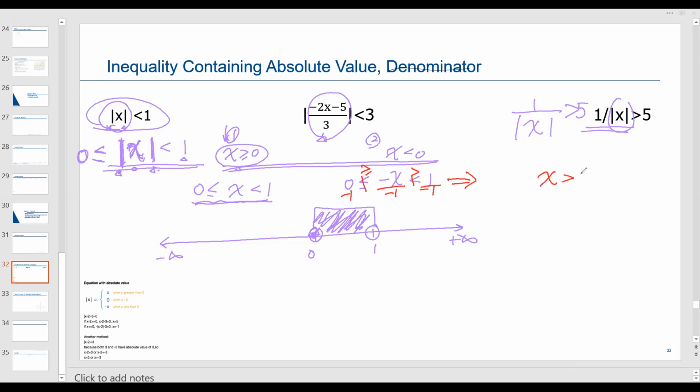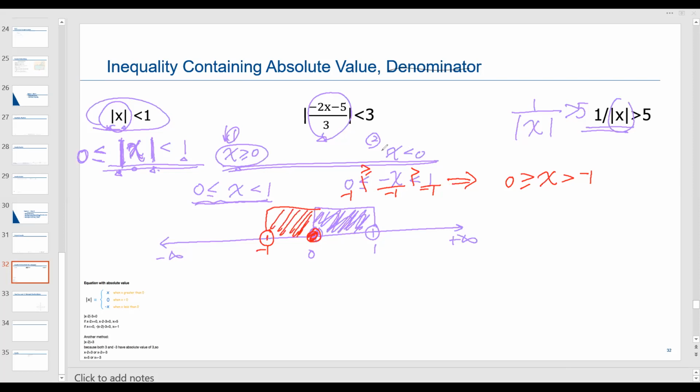It's greater than -1 and less than or equal to 0. So it means x greater than -1 and less than or equal to 0 is right here. So it should be this part.